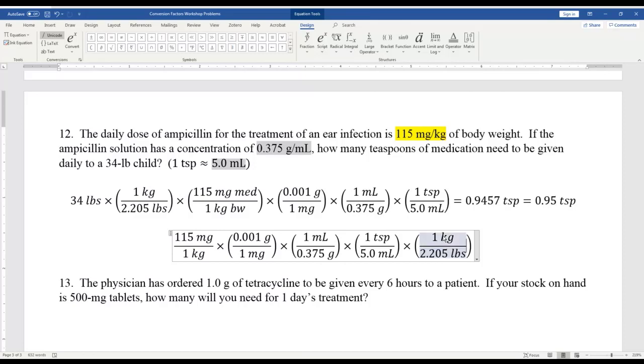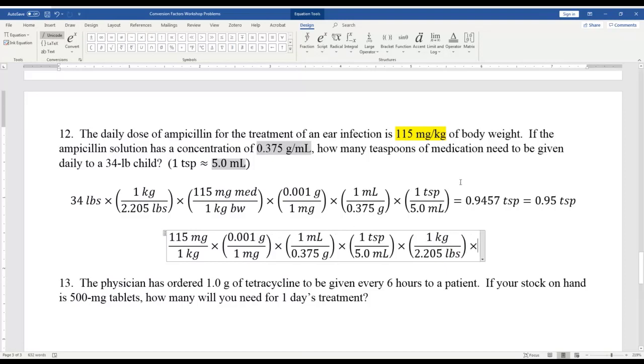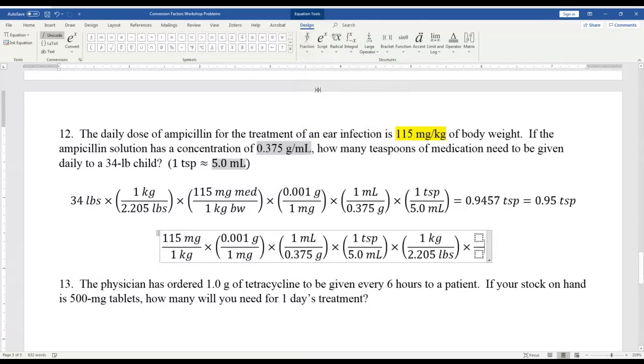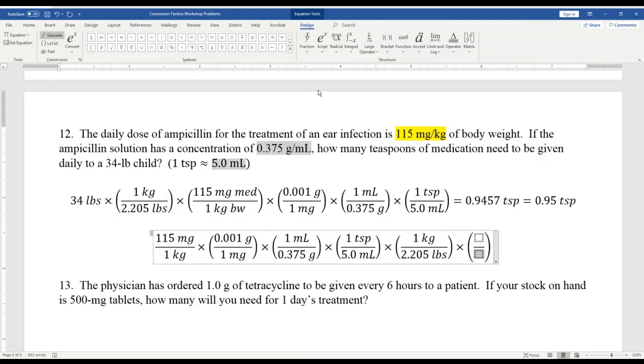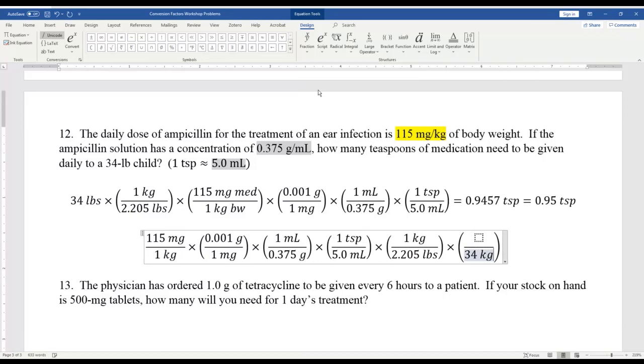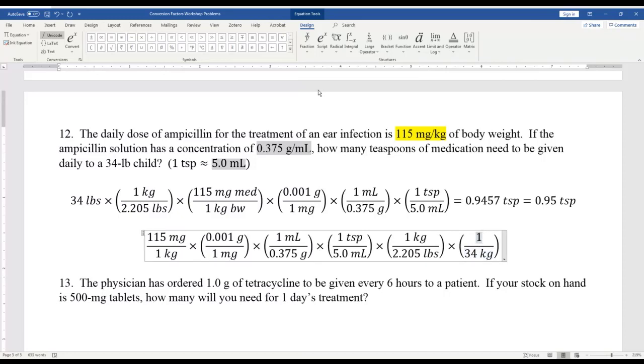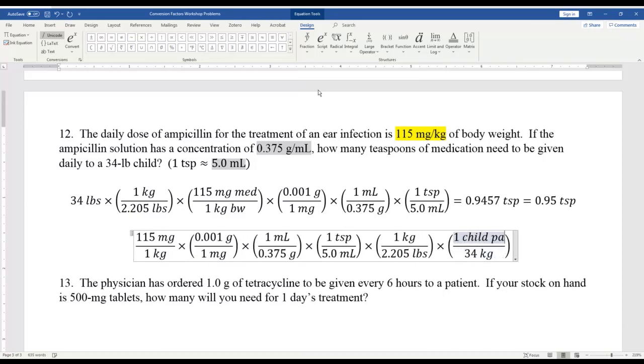Oh, actually, one more step. I have to convert the kilograms to a child, which is the oddest conversion factor. So, 34 kilograms equals one patient, one child patient.